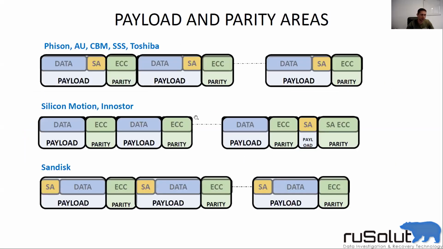The next slide shows you more visually what is payload area and parity area for different controllers. So for this type of controllers, payload area is here, then we have parity area. For Silicon Motion, it's located like this, and for SanDisk, we have this structure.